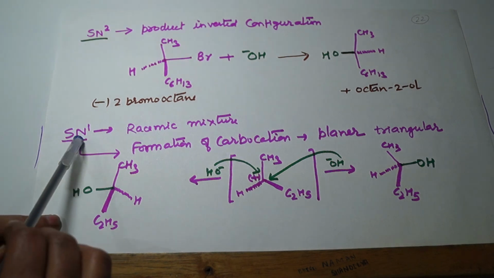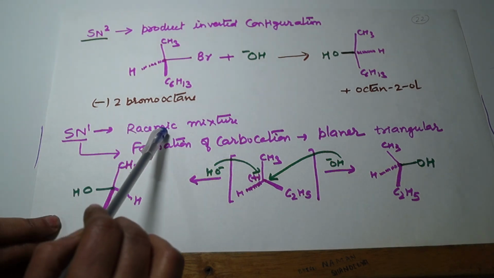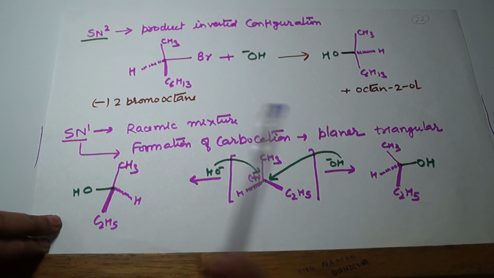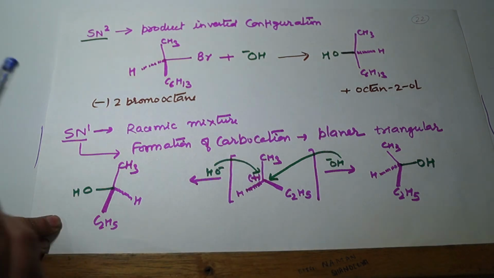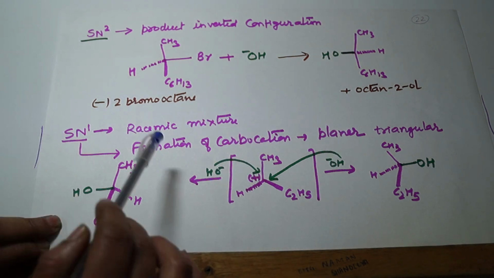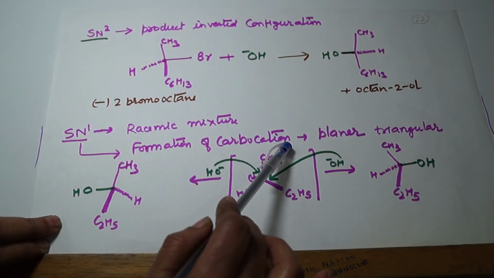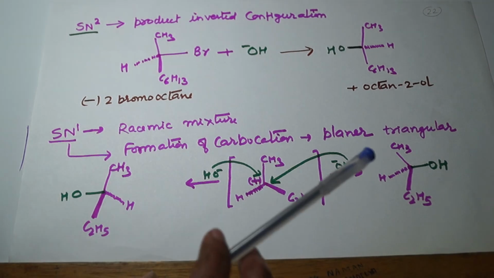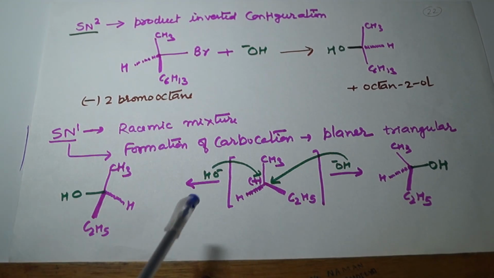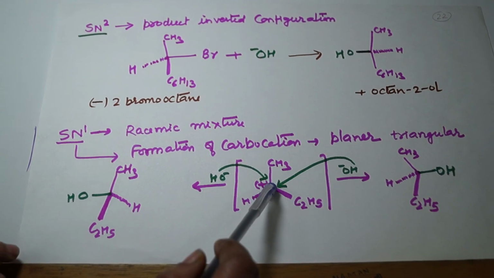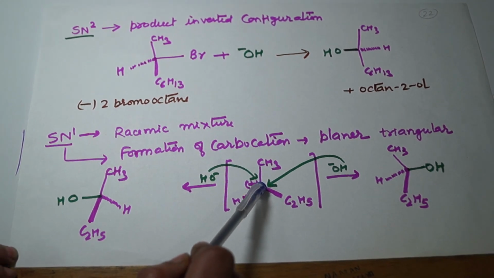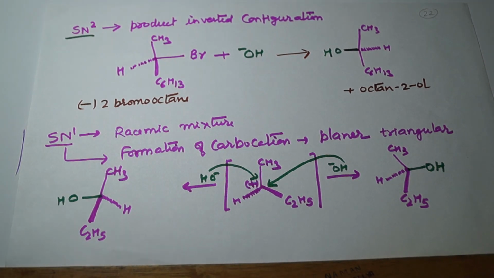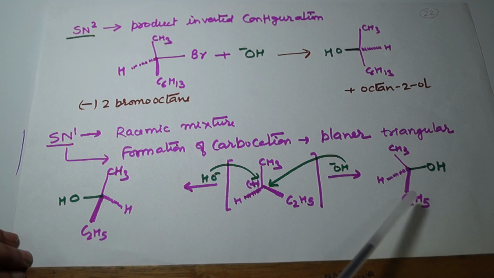In SN1 I have told you that a racemic mixture is formed. What do you mean by racemic mixture formed? Because in SN1 there is formation of a carbocation first, and the carbocation is of planar triangular nature, which means when the nucleophile attacks the carbocation, it can attack from both sides, either from above or below, and you will get both kinds of configuration.